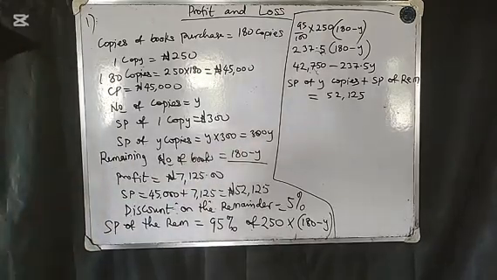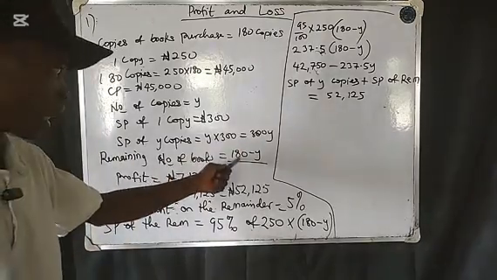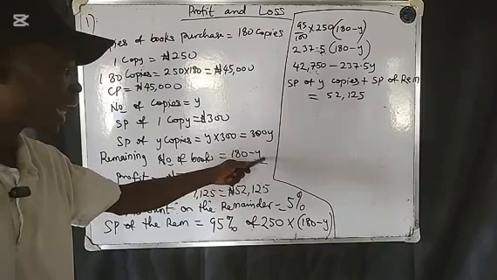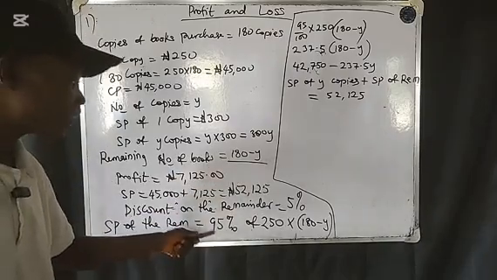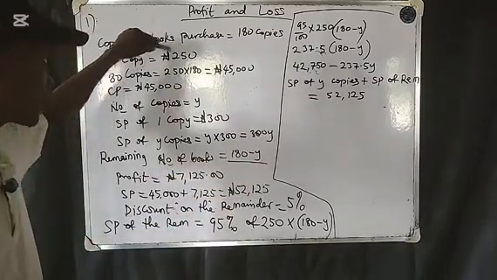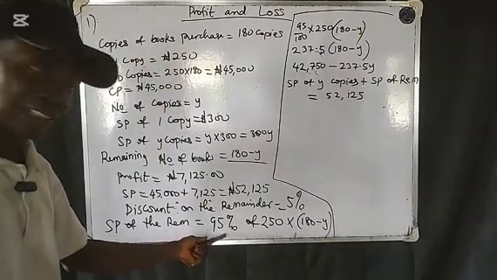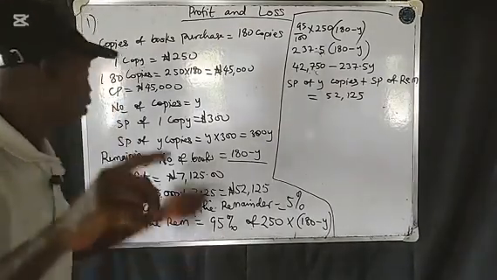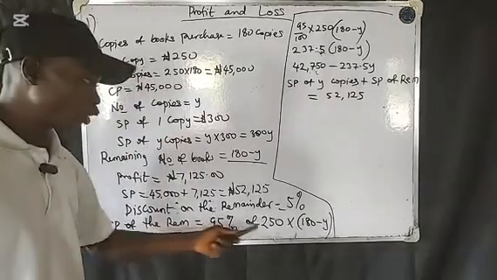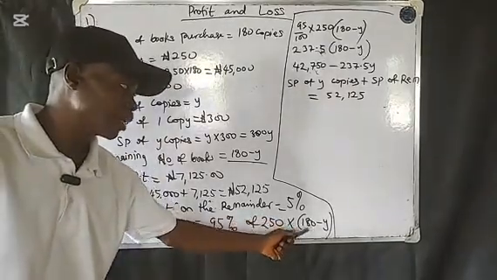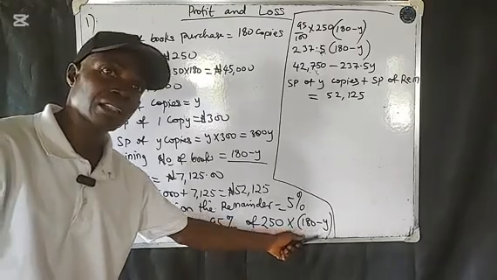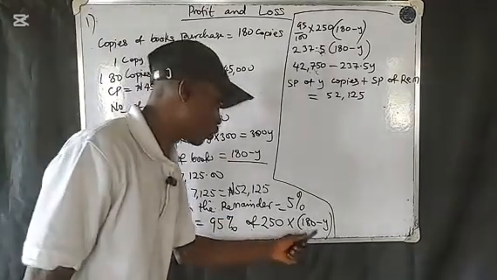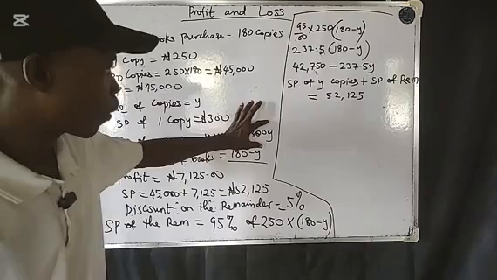The remainder is going to be 180 minus y, right? The selling price of the remainder will be 95% of the unit cost price, the cost price on one. Are you with me? We only work based on what is remaining, 180 minus y, because we have already got the amount for y copies.